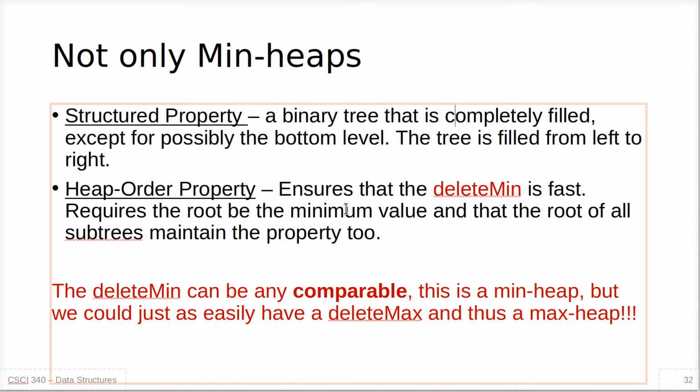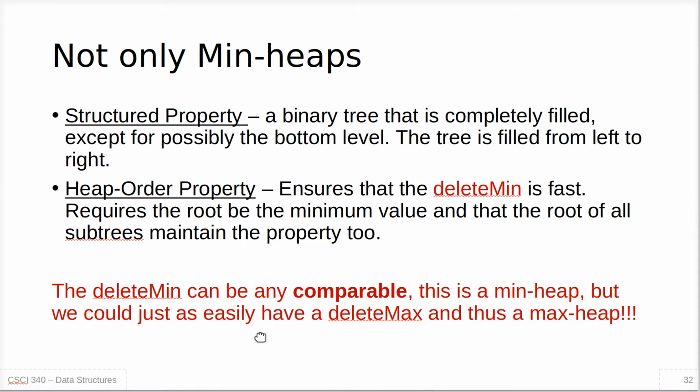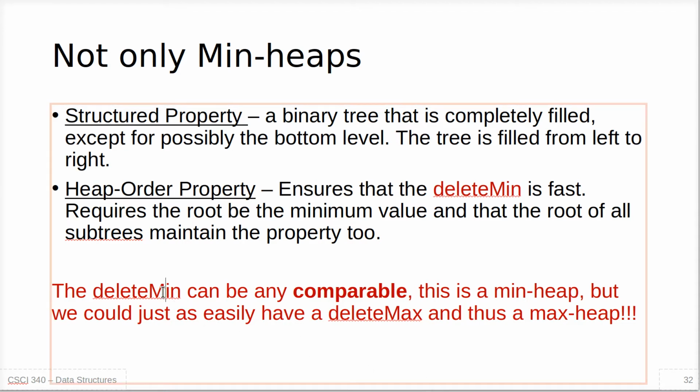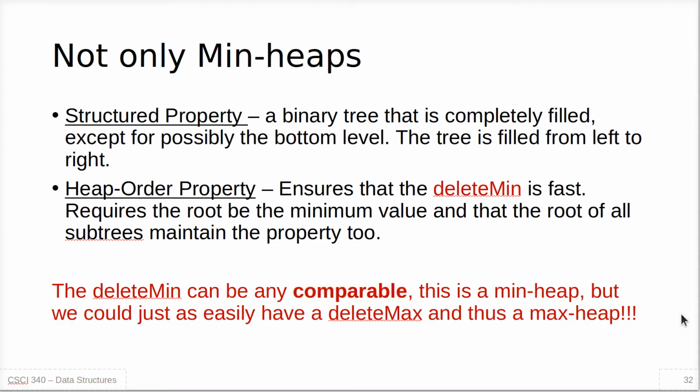To do this, the root has to be the minimum value of all the elements in the entire tree. And as I've mentioned before, you can create a min heap and you can also create a max heap, right? The comparable here refers to whether you're asking if each element on the top is greater than its children or less than its children, okay?